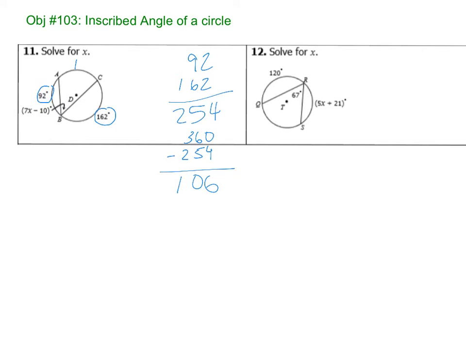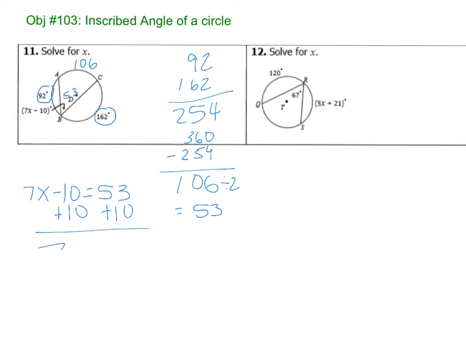So this arc is 106, which means the angle is half of that, and we get 53. So this angle in here is 53. So 7x minus 10 equals 53. Add 10 to both sides. 7x equals 63. Divide by 7, and x equals 9.